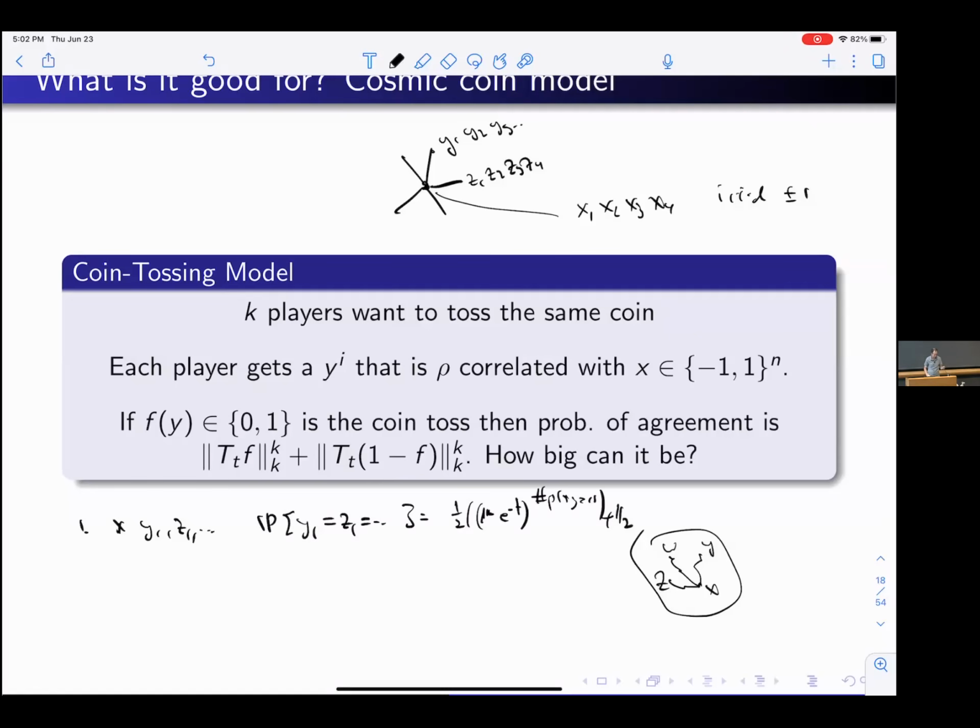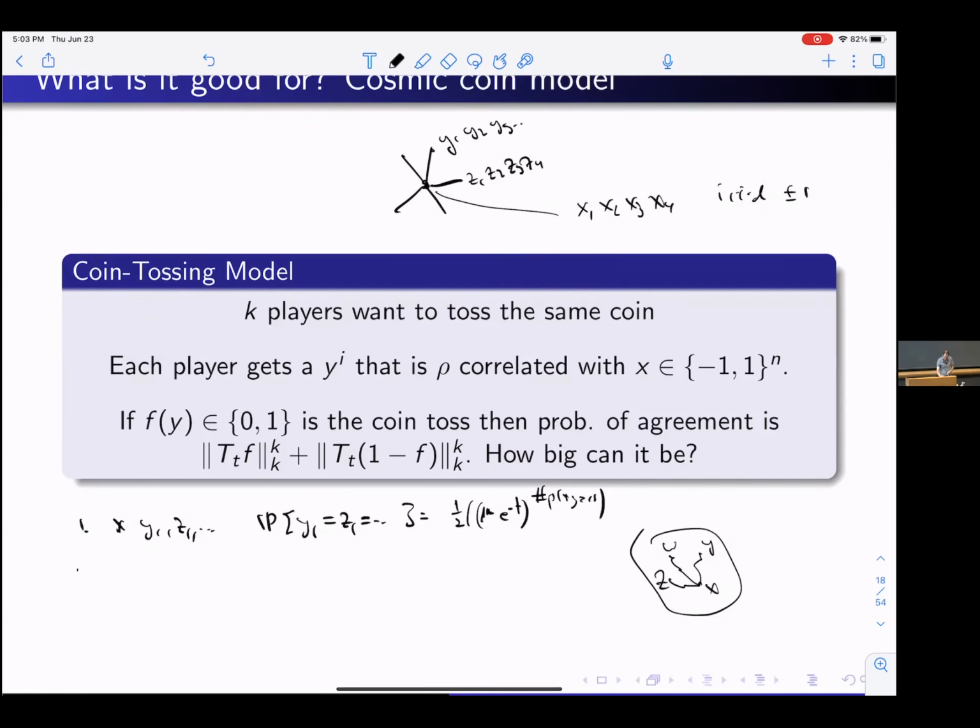I think I have a typo here, but it goes down exponentially in the number of players. For everybody to agree, the first player has to agree, that's a constant probability. The second player has to agree, that's a constant probability. All of these probabilities are independent, so it decays exponentially in the number of players.